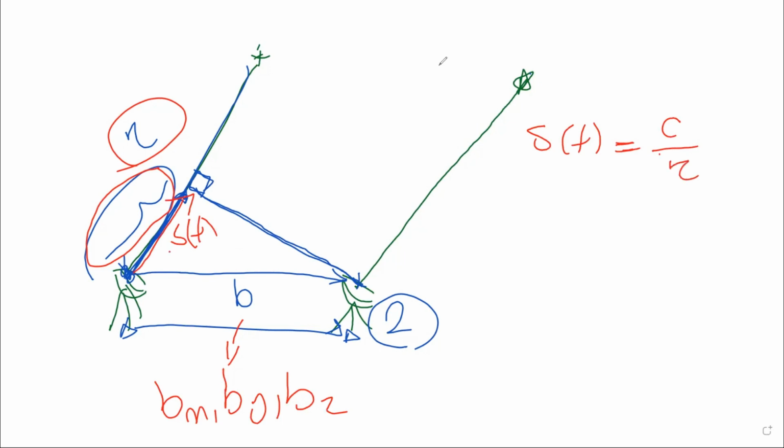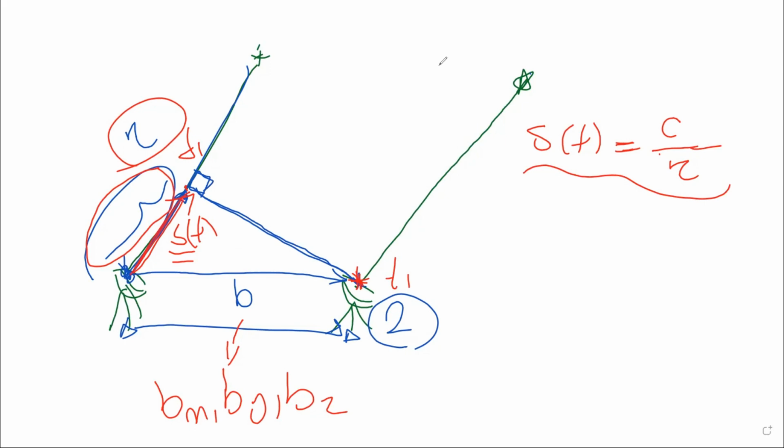In fact, this S is the distance caused by the delay. If the signal from this celestial object comes at time t1, where will it be at time t, when it comes here? This distance is the thing that we can find from this tau.